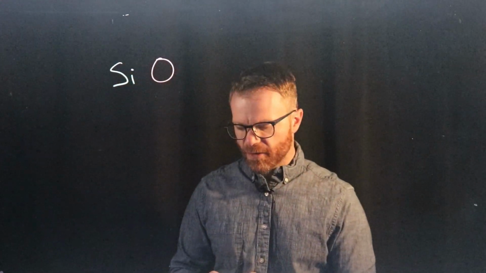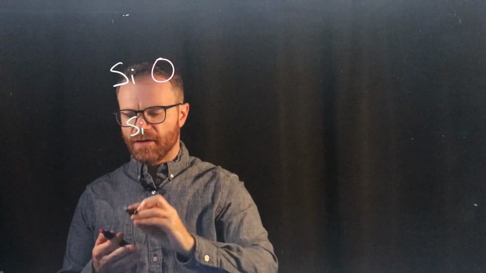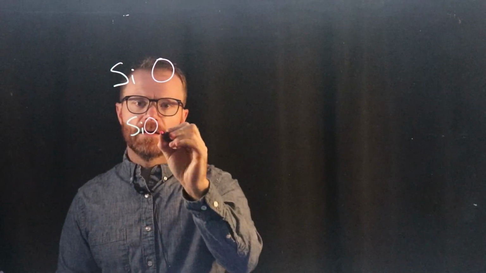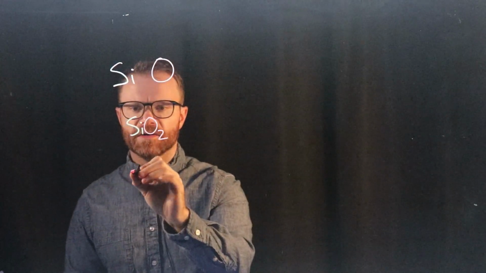For instance, if we have silicon and oxygen and they come together, we get the compound silicon dioxide, which is a covalent compound.